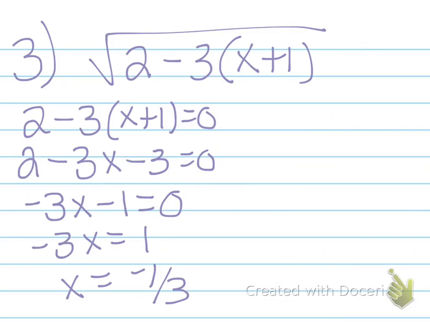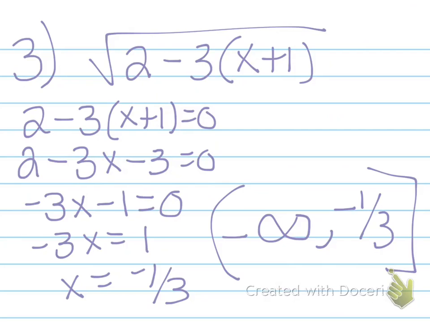Okay, so now in this case, if you were to plug in a value, you can always test a value to see whether or not it can be less than negative 1/3 or greater than negative 1/3. So you can always test a value and see, but this one actually is allowed to be every value less than negative 1/3. So it's written like this.